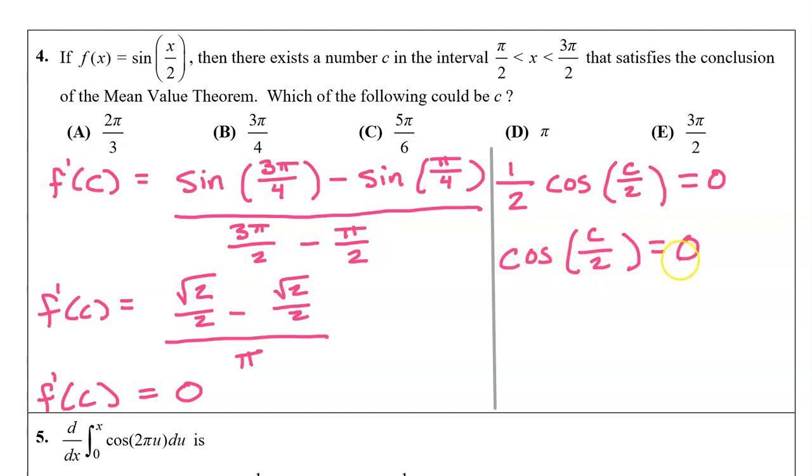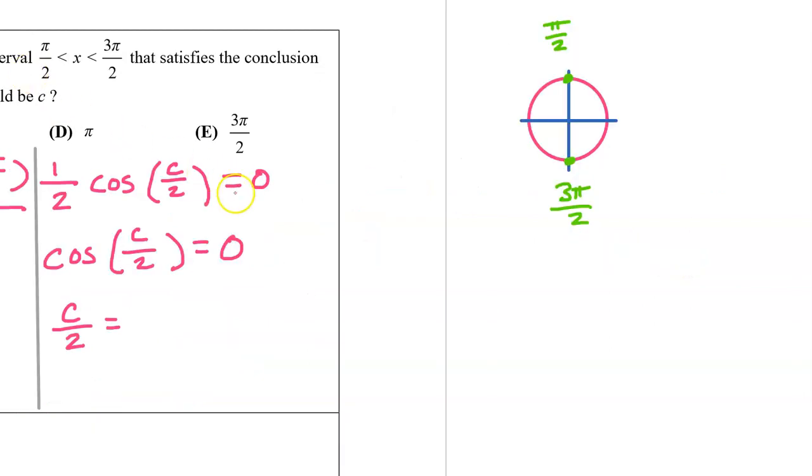Where is cosine equal to 0? Between 0 and 2 pi, cosine will equal 0 at pi over 2 and 3 pi over 2. That means that c over 2 will equal pi over 2 or 3 pi over 2. There are other solutions, but this is a good place to start.